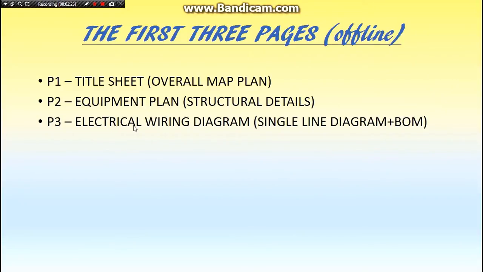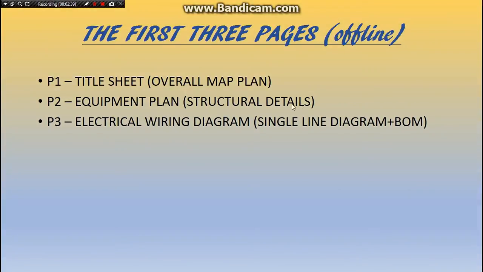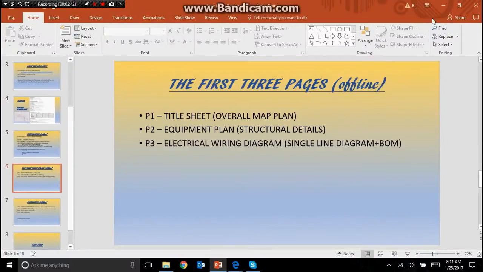After that, I draft the project and place it in the title sheet and the equipment plan. So I'm going to teach you this as I normally complete a solar plan for myself. Let's do that right now.